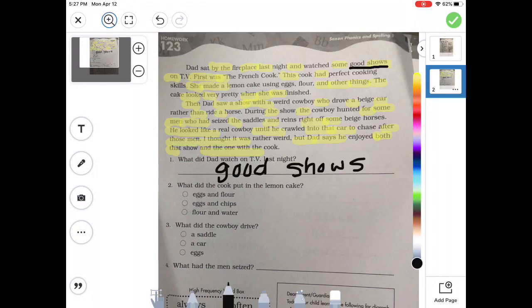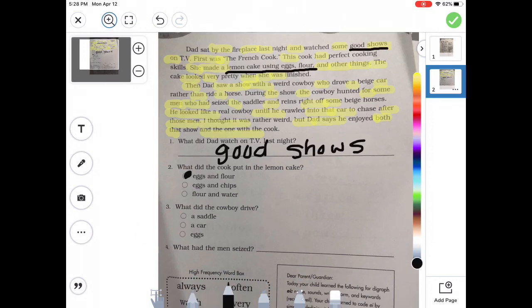What did the cook put in the lemon cake? Eggs and flour and chips, or flour and water? So let's look. She made a lemon cake using eggs and flour. Also, you can look at those, and eggs and chips wouldn't make sense, would it? And flour and water, well, you're not going to usually put water in your cakes.